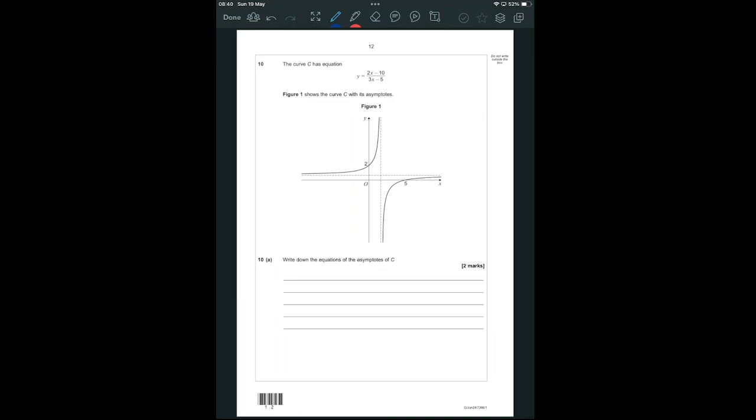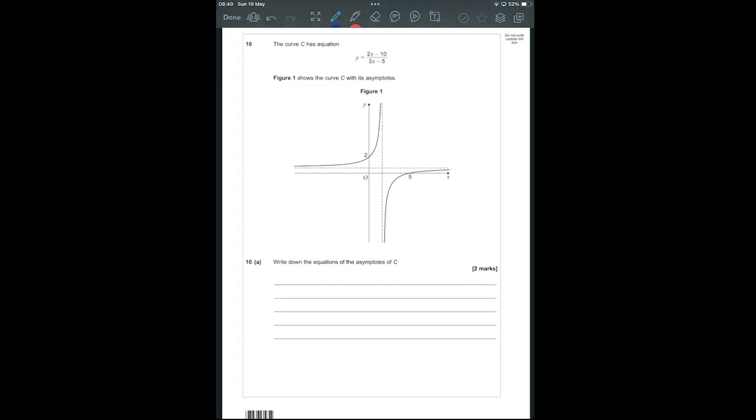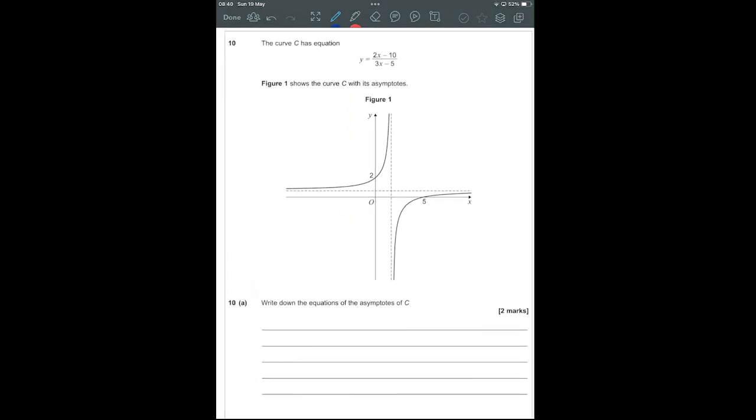Question 10, are rational functions? The curve shows that with its asymptotes, it hasn't told me what the asymptotes are, but it tells me to write them down. So our asymptotes, our horizontal asymptote is when the denominator fails. Well, that's going to be x equals, no, this is my vertical one.